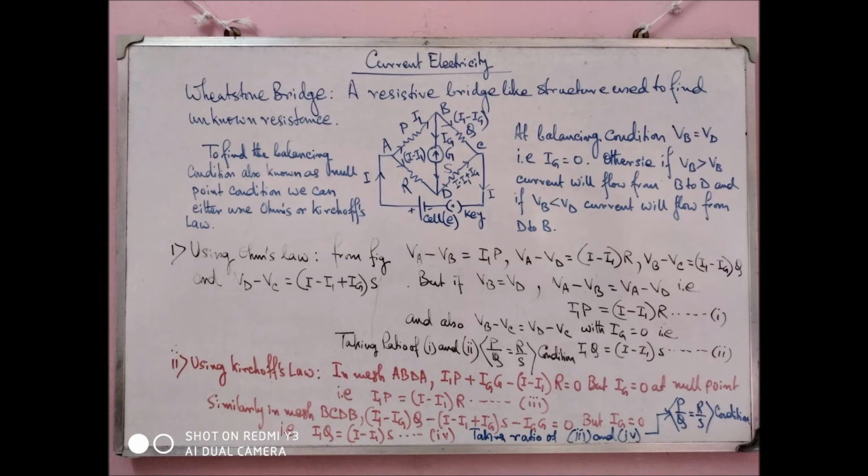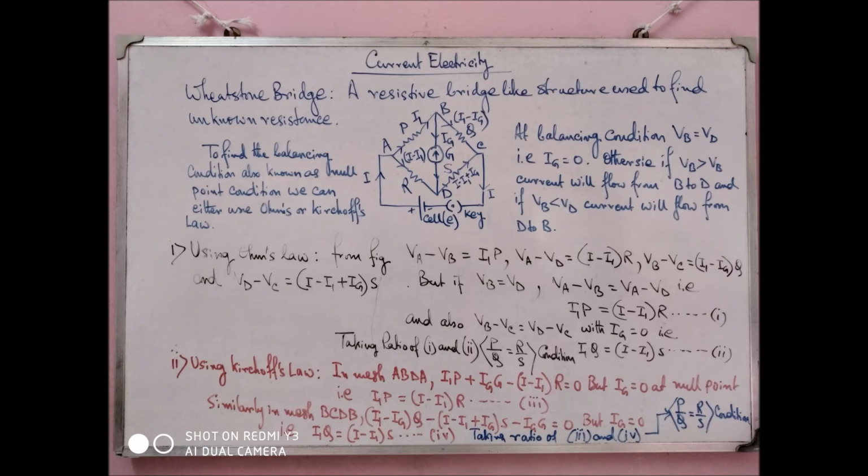Now at the null point Ig should be 0, already told, because no current flows through the galvanometer. So again the same mathematical steps, putting Ig equal to 0, equating the two equations, taking the ratio, we get the condition P by Q equal to R by S. See students, the mathematical steps you can do on your own, you should only clear the concept.